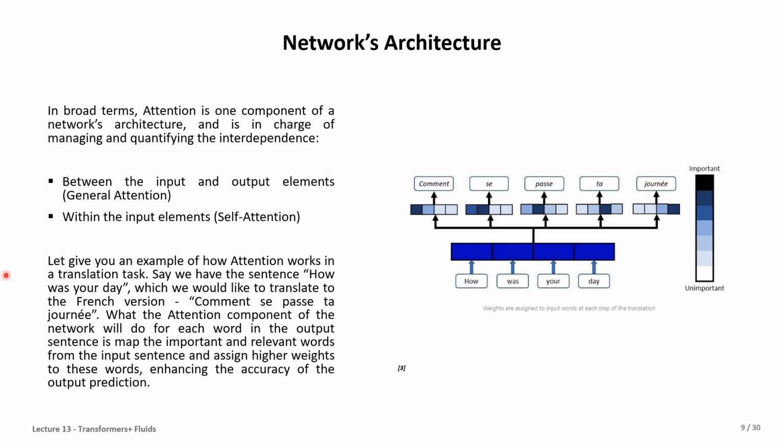So when we have some input, we need to manage and quantify the interdependence, which could sometimes be a sequence. It matters for the output as well, because sometimes in the output the place and the sequence change based on the relation between the input and output elements.